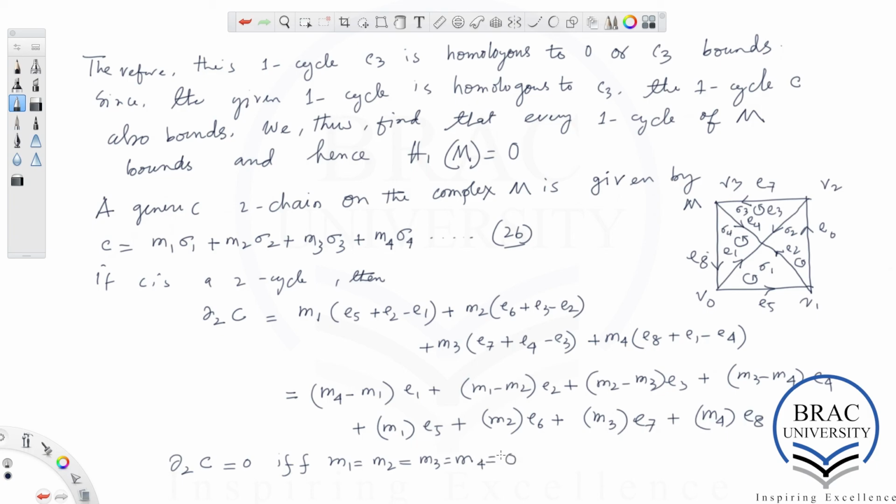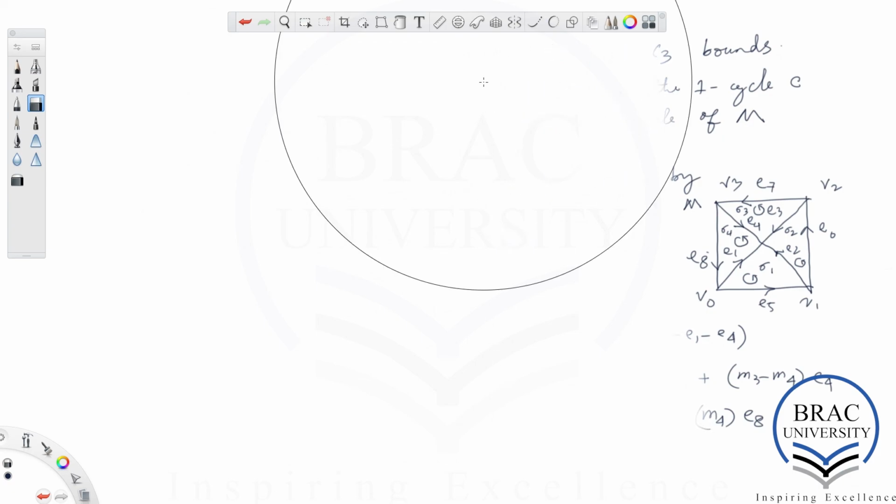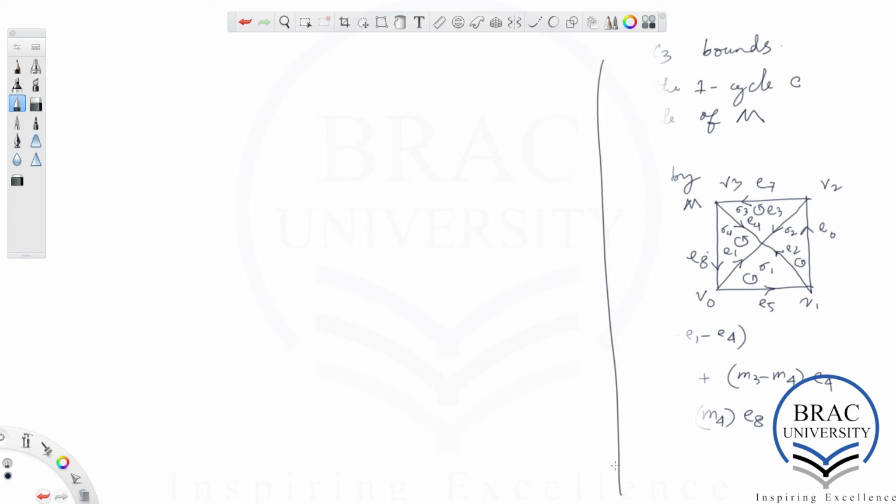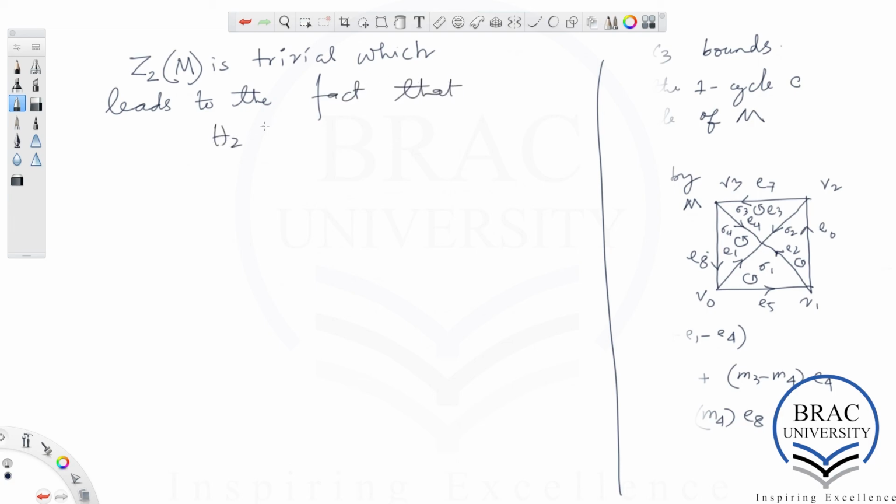Okay, it means that, so this tells us that the group of two cycles on the complex M is trivial, which leads to the fact that the second homology group for the simplicial complex M is also trivial. Okay, all right.